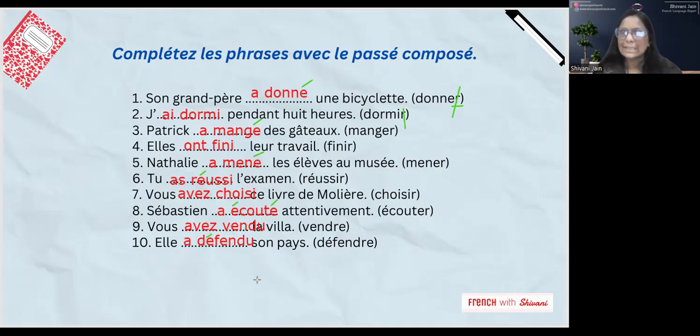C'est en fait facile à apprendre. Okay, but it is a very, very important tense, passé composé, if you're preparing for your competitive exams like DELF, TCF, etc. Passé composé, c'est quelque chose de vraiment, vraiment important. Il faut bien le pratiquer.